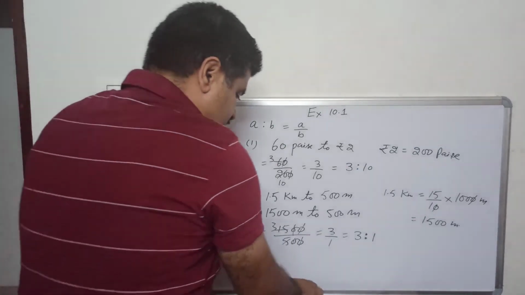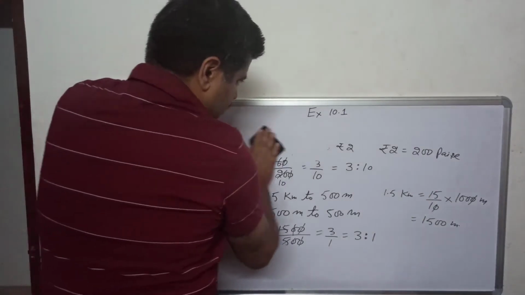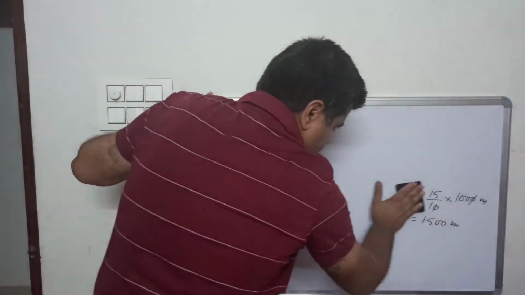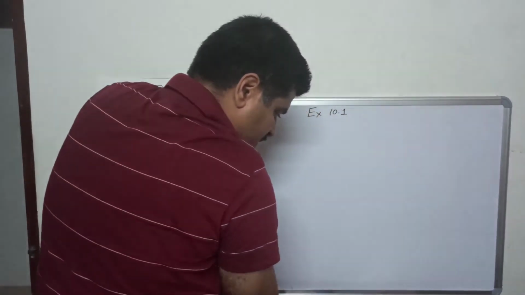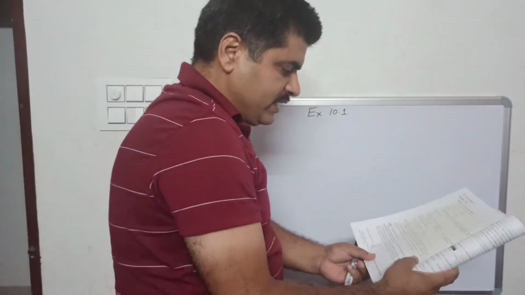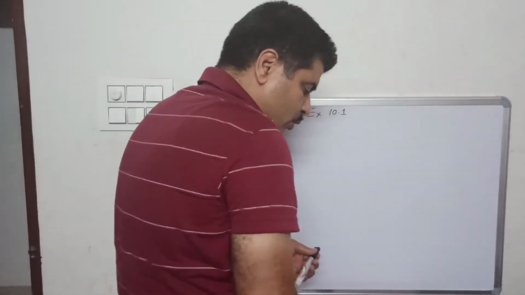Now let us take question number 7. Question number 7 is, divide 1 month profit of rupees 10,000 between Ramesh and Ravi in the ratio 1:4.